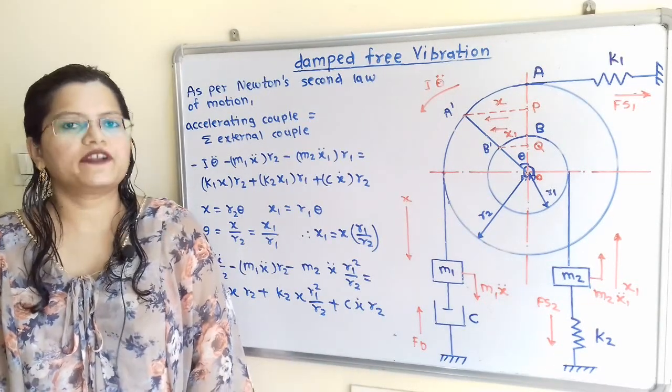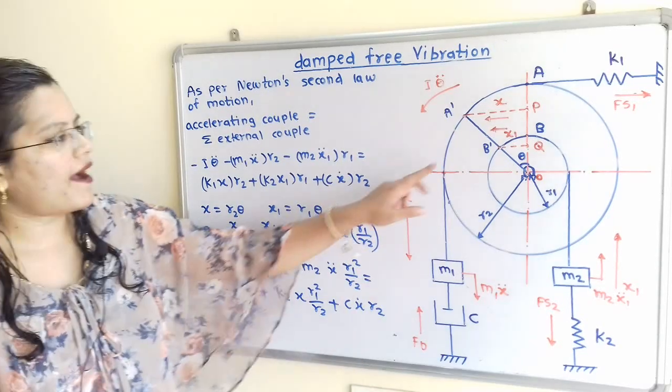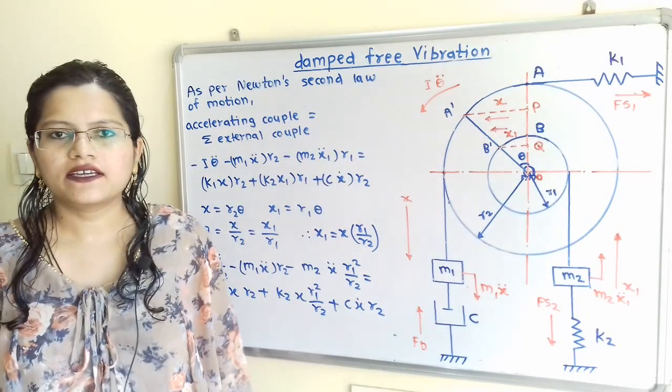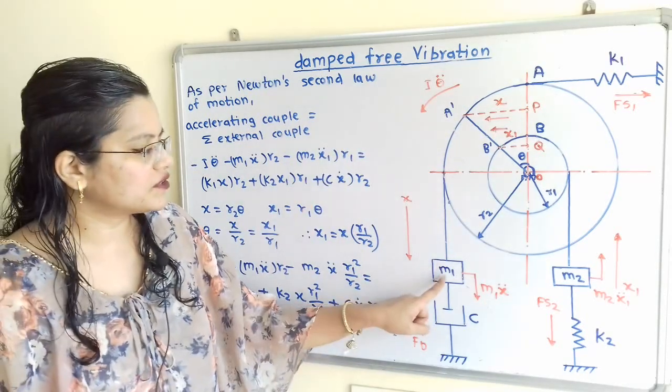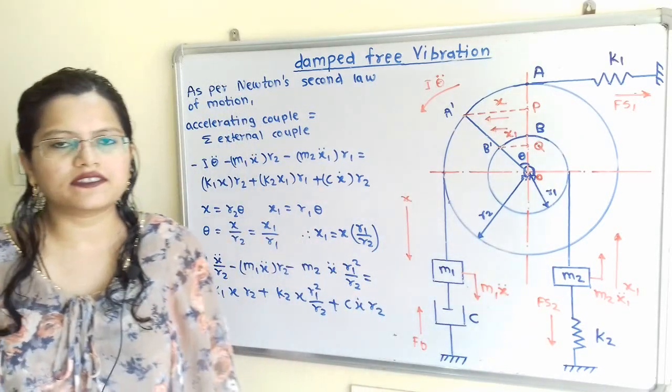One important point to note: the accelerating couple develops due to the mass moment of inertia for this combined disk, that is I. Then there is the accelerating force due to this mass m1 and the accelerating force due to this mass m2.